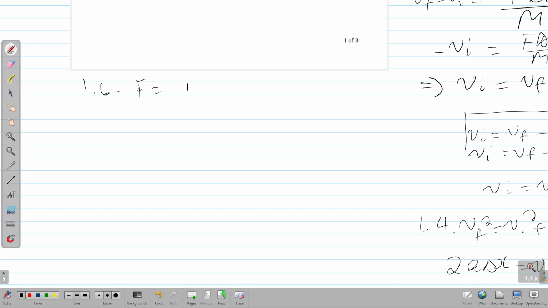F is equal to G m1 m2 over R squared. That implies that R squared F is equivalent to G m1.